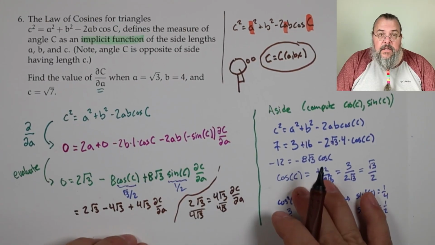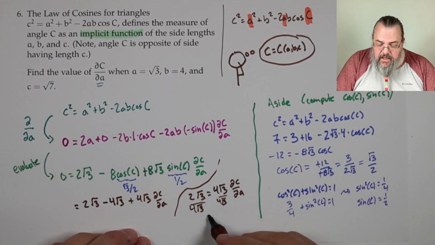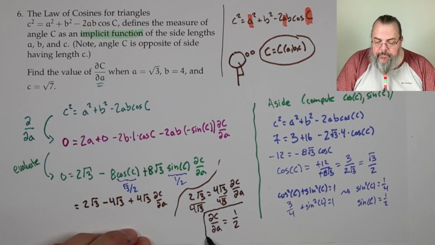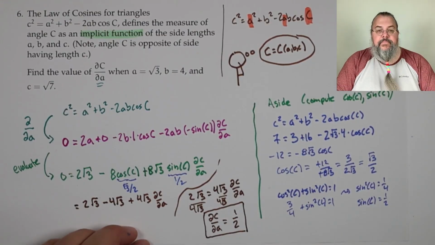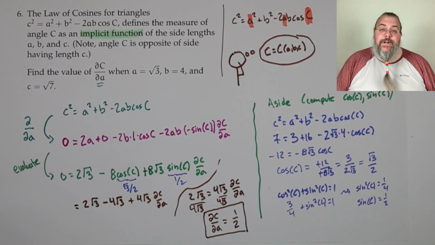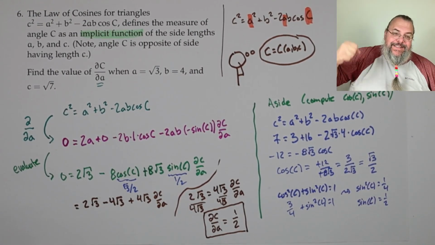We get partial C, partial A is equal to 1/2. Ta-da! We did it! Woohoo!